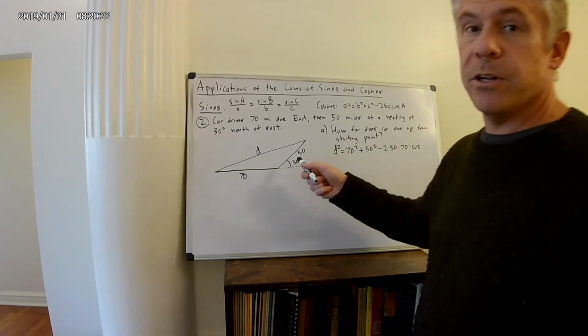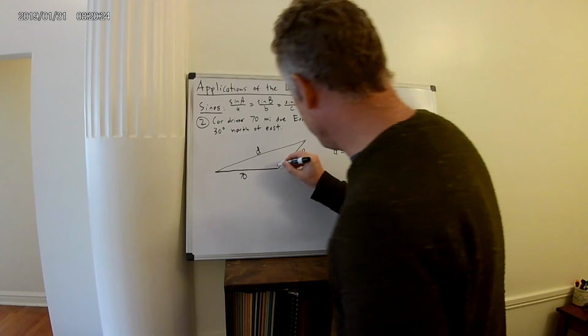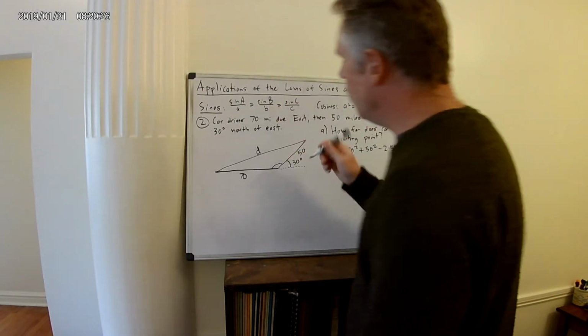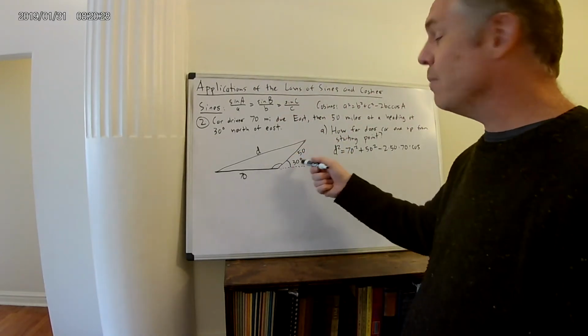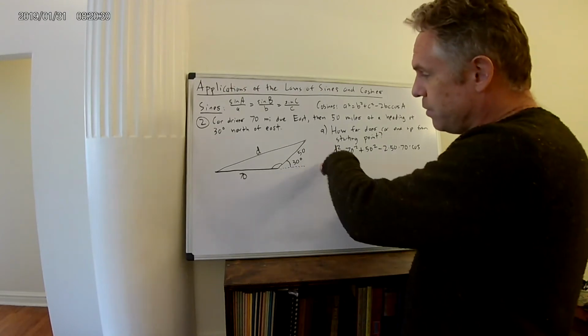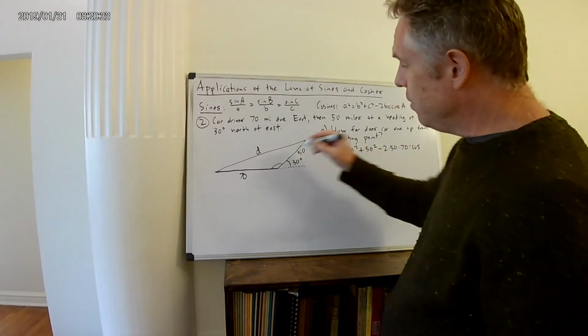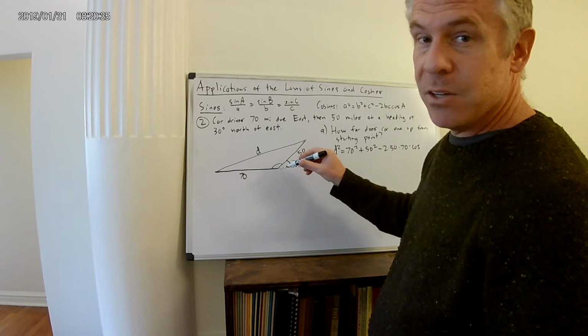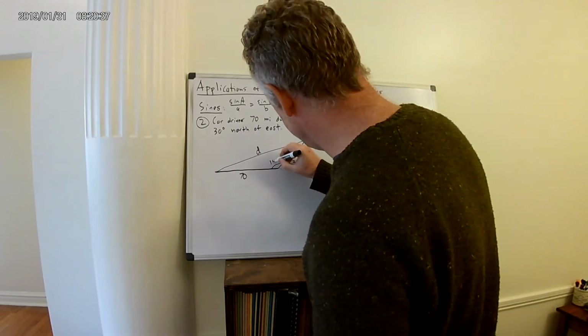This angle is 30 degrees. What is this angle right here? Hopefully you guys see that this angle is the supplement of this angle. If this is 30 degrees, and this is 180 total here, this angle has to be 180 minus 30. So this angle is 150.